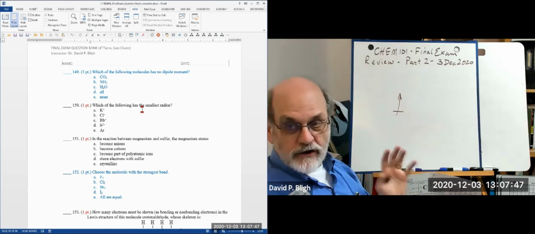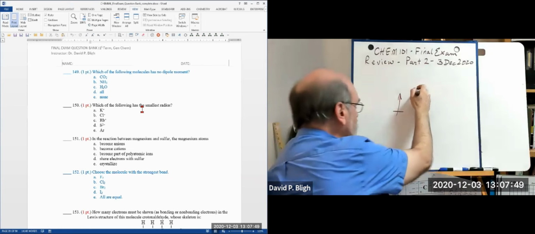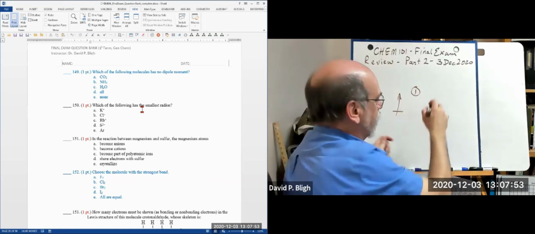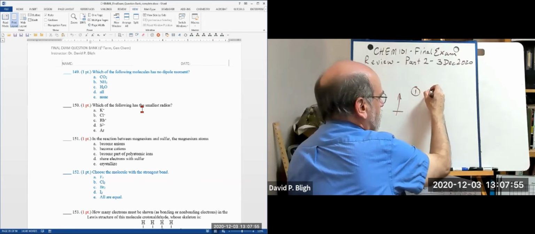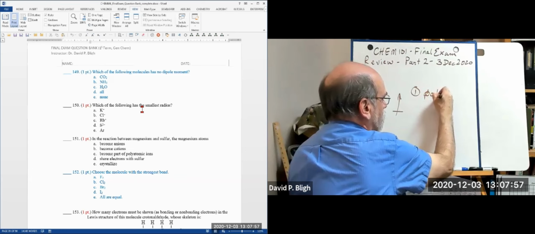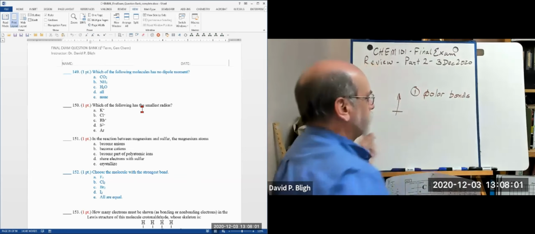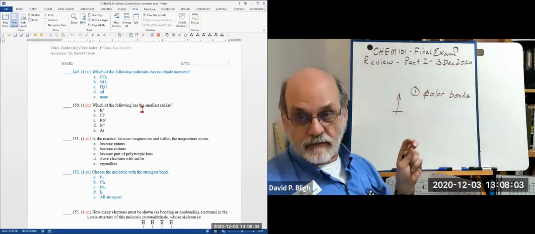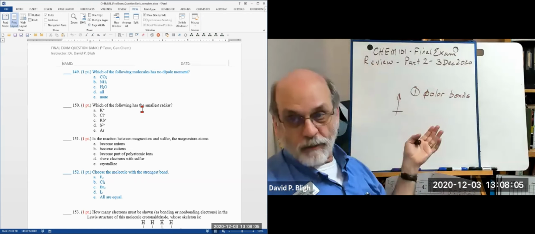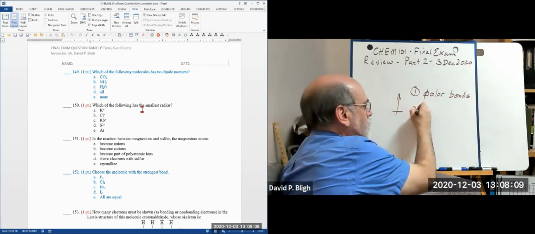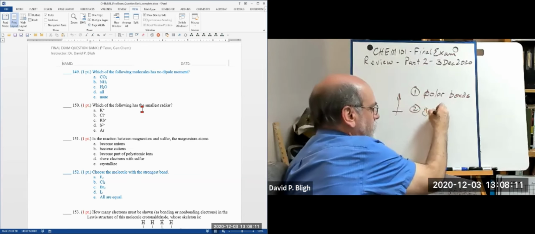So what's required to do that? Two things. One, you have to have polar bonds. You've got to have one or more polar bonds in the molecule. Then you have to know the geometry.